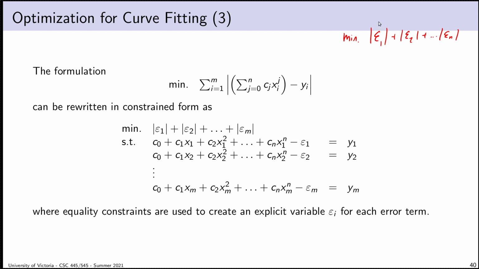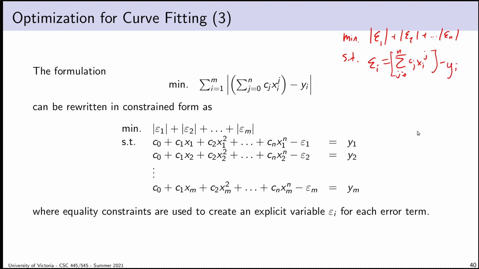So what I could do is sub in the formula for epsilon 1 directly into the objective function, or I could make it a constrained problem as a clever way of backdooring in a definition of each epsilon. I could say, well, epsilon 1 is going to equal this: the sum from j equals 0 up to n of c_j x_i to the j, and then all minus y_i.